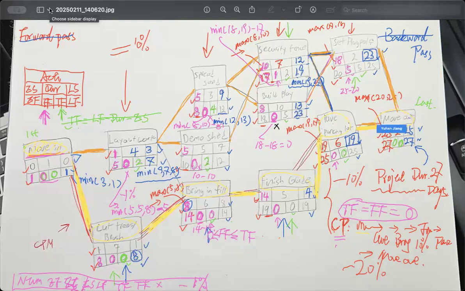So that's an additional one. Same as here, the layout can go to bring in the fill, and the bring in fill goes to finish grade, and the finish grade goes to the move out. Or we can move in and go to the cut, go to bring in fill, go to finish grade, and go into the paving.